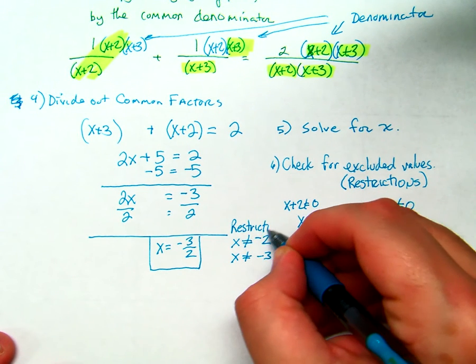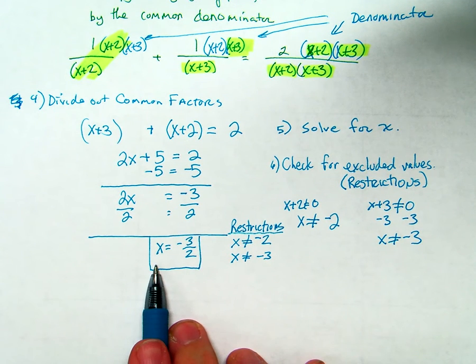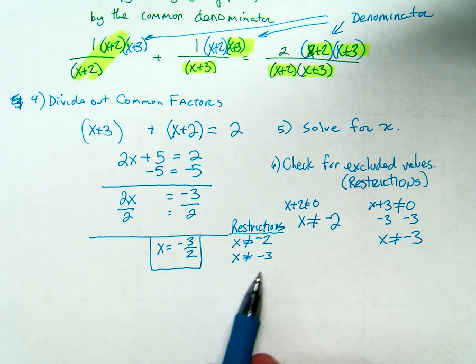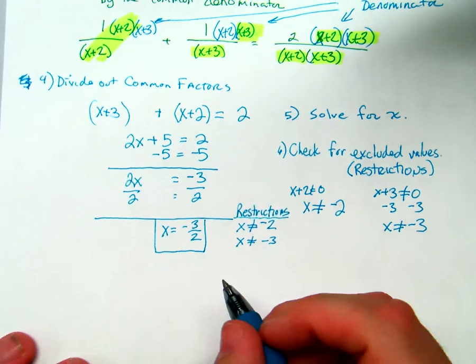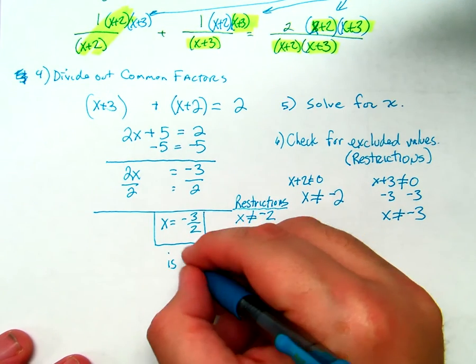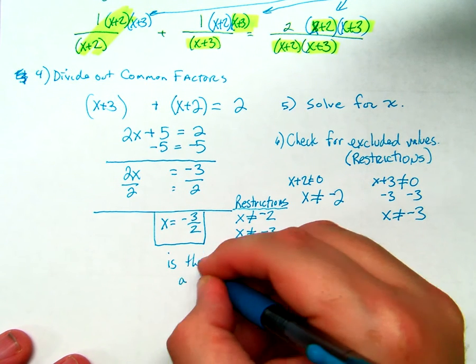And then I take a look at this value here, and I ask, is the solution that I got one of the restrictions? So you ask yourself, is the solution also a restriction?